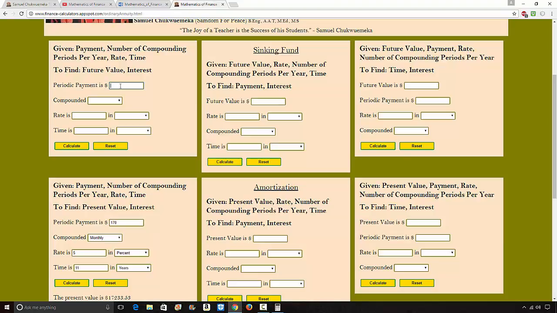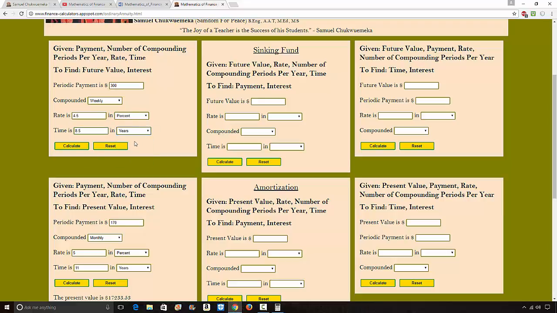Okay, so this is $300 per week, compounded weekly at a 4.5%. Okay, and if you want to use decimal, then you have to use 0.045, and it will still give you the same thing. And the time is 8.5 years.